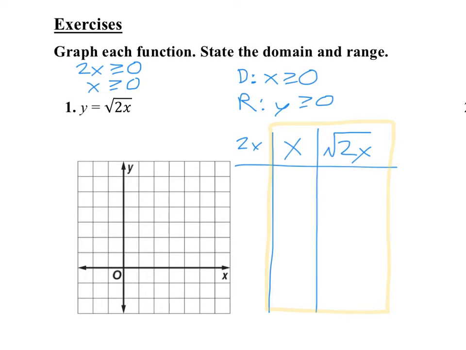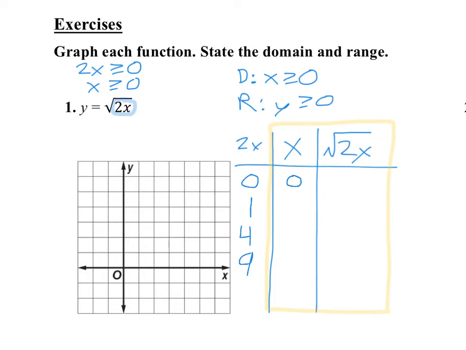However, we want to choose nice x values based on the radicand 2x. So we want 2x to be a perfect square, numbers like 0, 1, 4, 9. So what value of x would make 2x equal 0? Well, that would be 0.